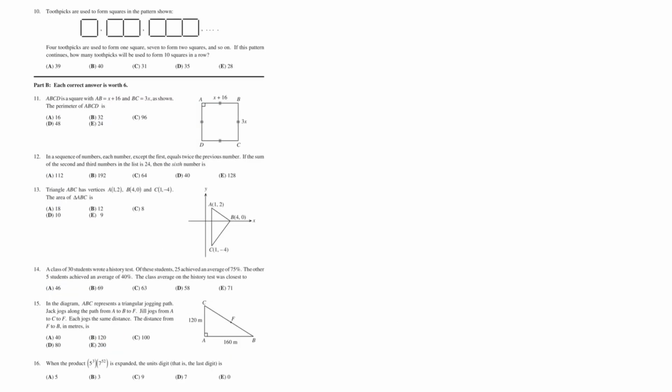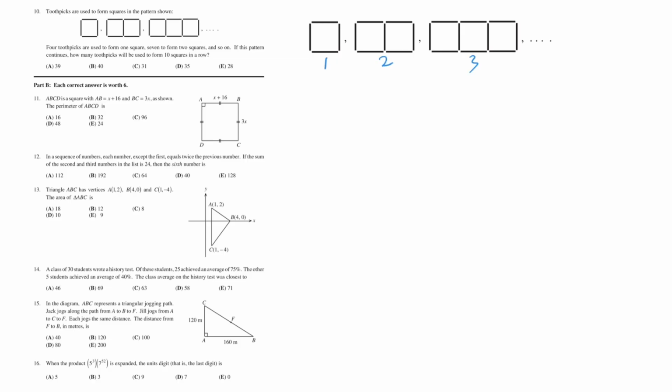Number 10. Toothpicks are used to form squares in the pattern shown. 4 toothpicks are used to form a square, 7 to form 2 squares, and so on. If this pattern continues, how many toothpicks will be used to form 10 squares in a row? So figure 1, figure 2, figure 3.